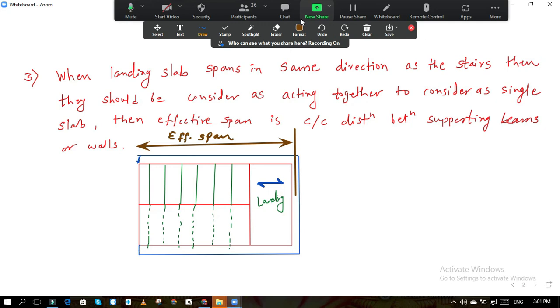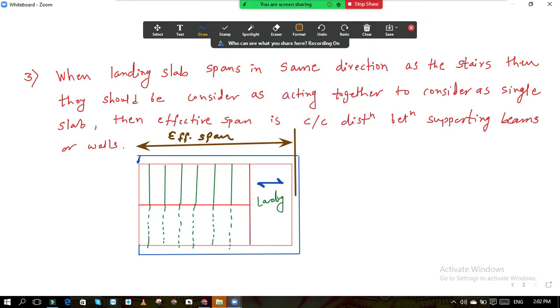Shall we move further? Anybody having any doubt in this? What we have studied up to this point? Okay, so if no doubt is there, then we will take the numerical.